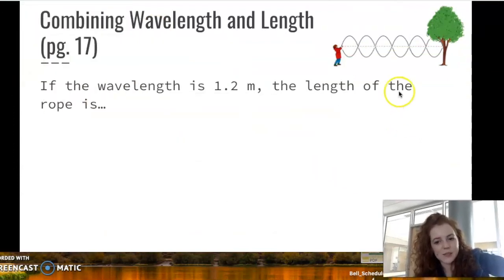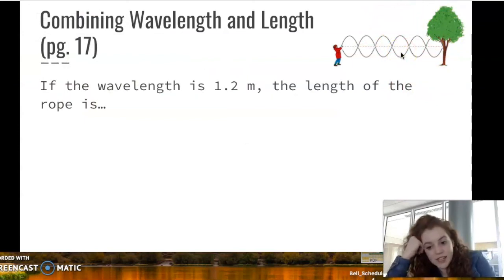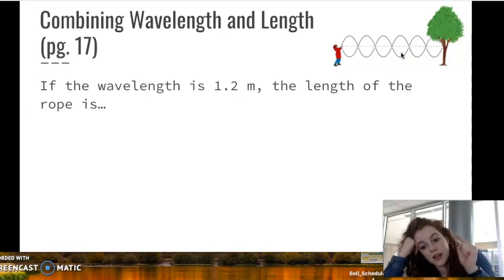So let's use this picture as an example. So do this one under number 1 on page 17. If the wavelength is 1.2 meters, the length of the rope is what? So let's say the wavelength is 1.2 meters. We know how many wavelengths there are. We already did that. So under number 1 on page 17, you try this one. I'll give you 30 seconds. Make sure you write the equation.